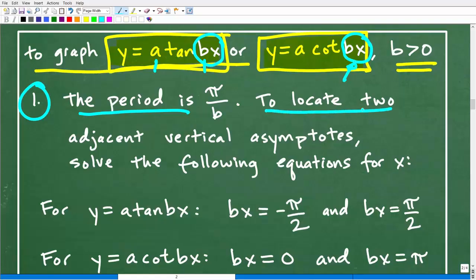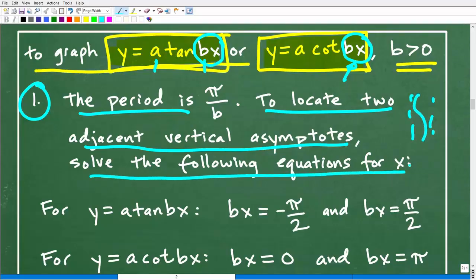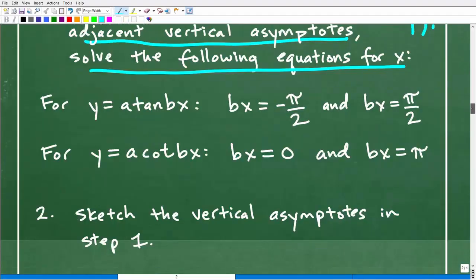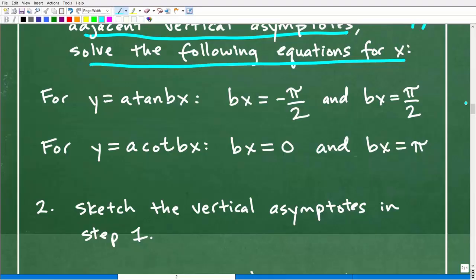And then to locate two adjacent vertical asymptotes, and of course we need to find those asymptotes because our graph is going to be between them, we need to solve the following equations for x. Remember, we have a, b, and x as variables.